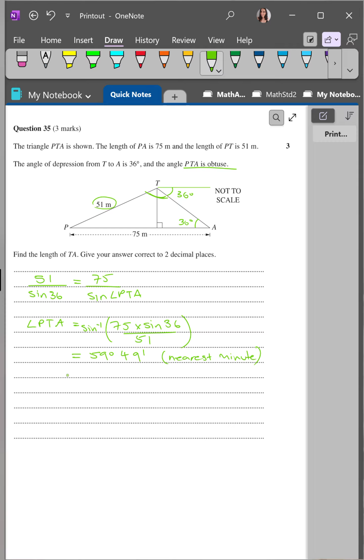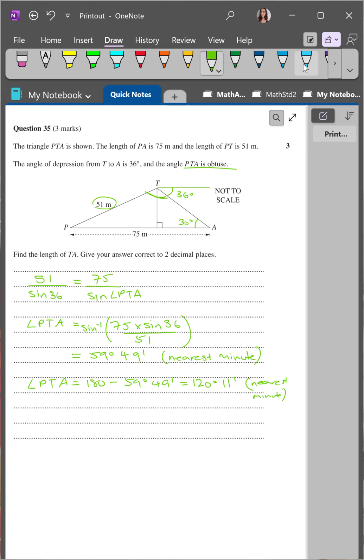So if it's an obtuse angle, whatever value we got when we just did the regular sine rule, we just have to do 180 minus that, and that's the actual value for that angle. So since it's obtuse, angle PTA equals 180 minus 59 degrees and 49 minutes, and that equals 120 degrees and 11 minutes to the nearest minute.